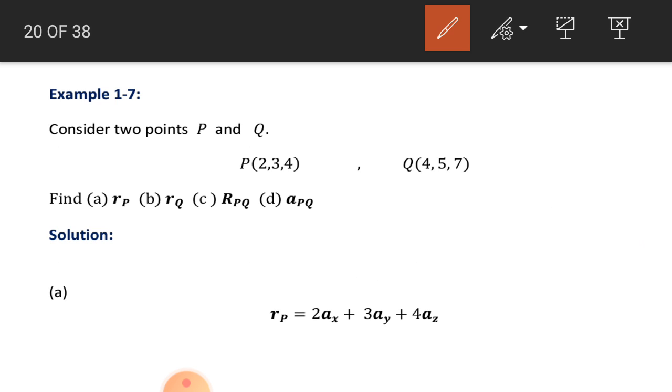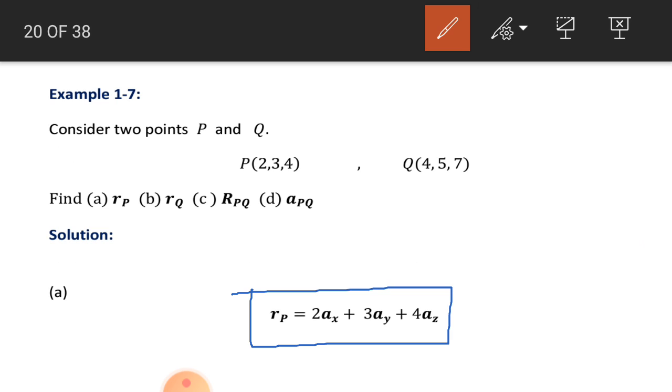In example number 7, we have been given 2 points in the rectangular coordinate system. P is 2, 3, 4. The second point Q is 4, 5, 7. So we calculate the position vector RP. Here is the position vector RP.